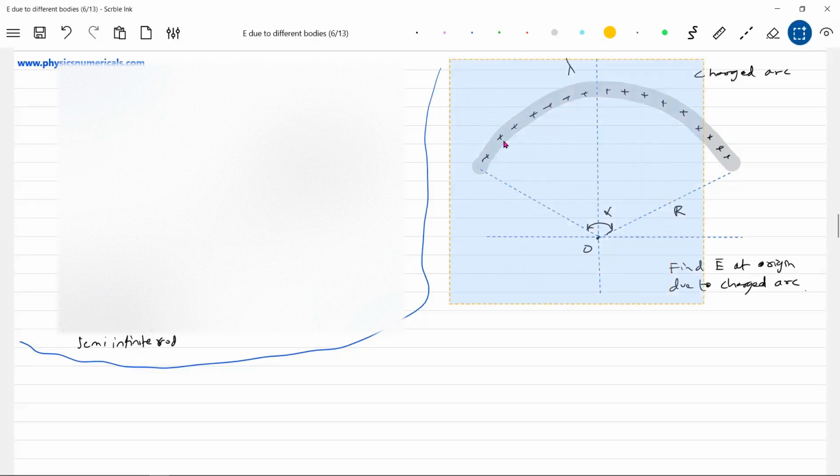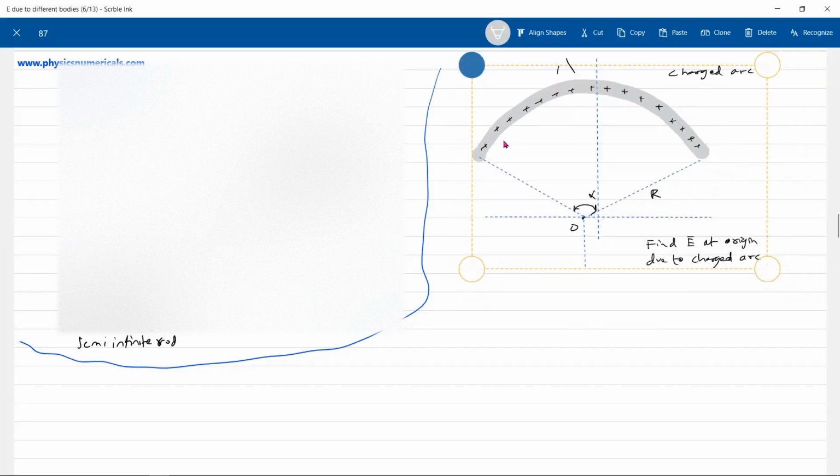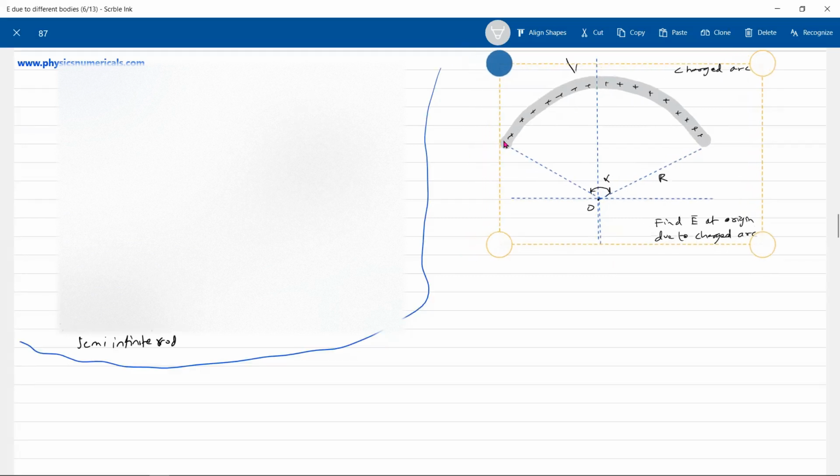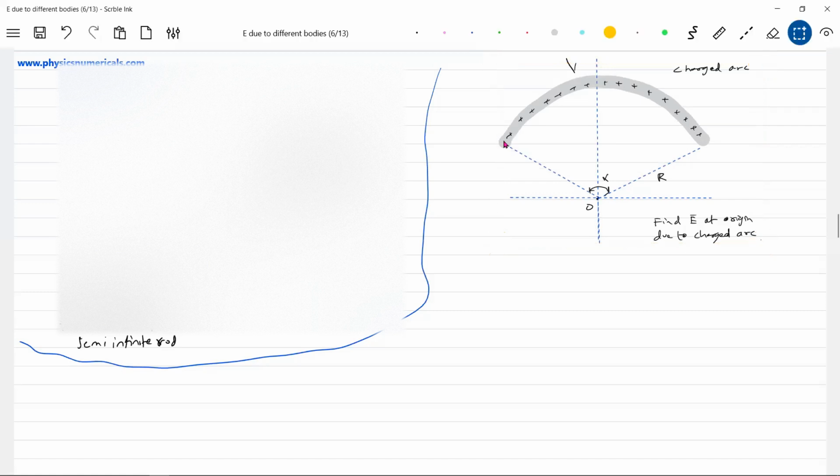I'll make the diagram this small, then bring another diagram.